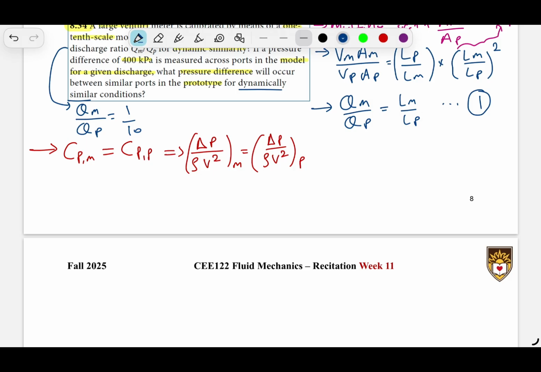Again, we have the same density because we are using the same fluids for the prototype and the model.